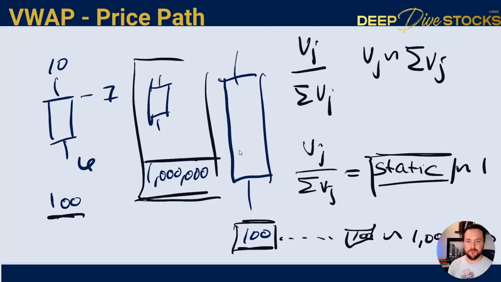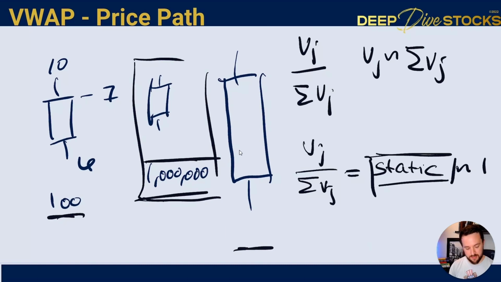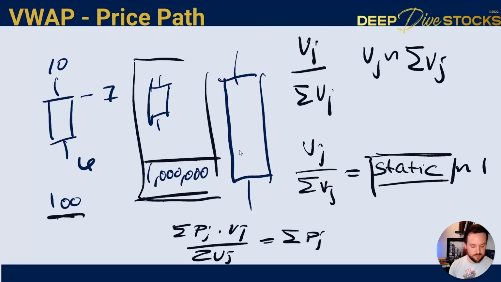And so from this point on, what is VWAP? If the ratio of the volumes is 1, well, then that means that the sum of the price over J is just equal to the running average of the prices, because V_j over the sum of V_j is 1. So within 10 minutes of the market opening, we now have an invalidated VWAP. It's essentially reduced just to a running average, or the sum of the running averages, which is slightly even worse.